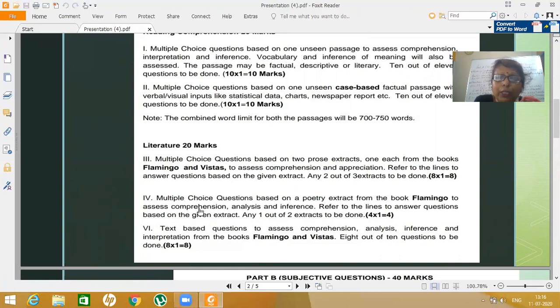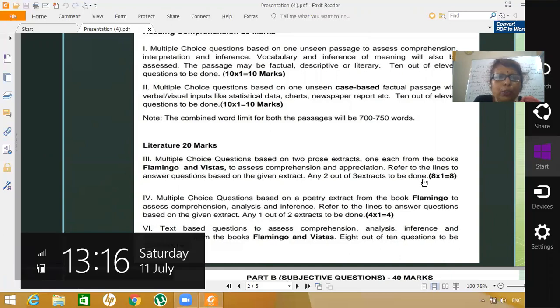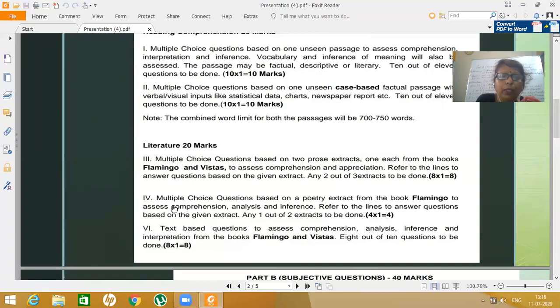Let us come to question number 4. Again, as I told you that this too will be of MCQ pattern. Okay, multiple choice questions you will be getting in this too. Question number 3, question number 4 also will be based on MCQ, but this will be based on a poetry extract, as question number 3 was based on prose extracts.